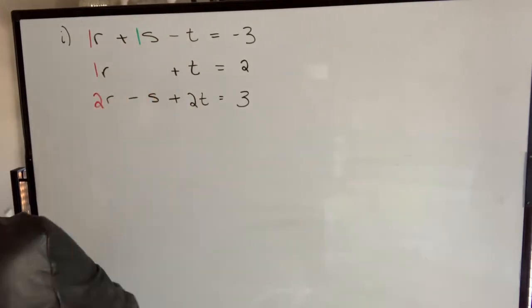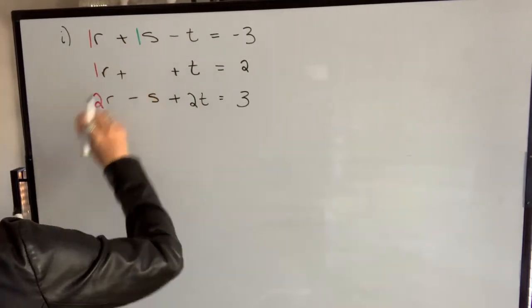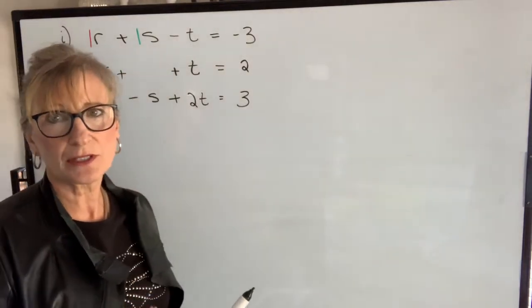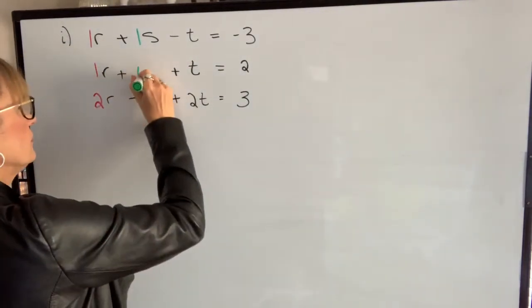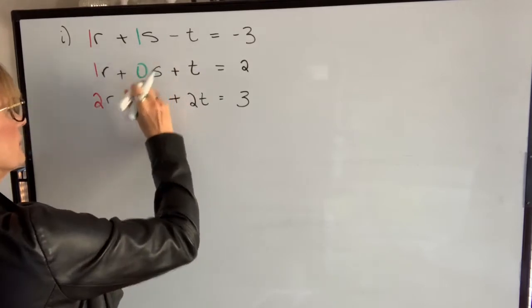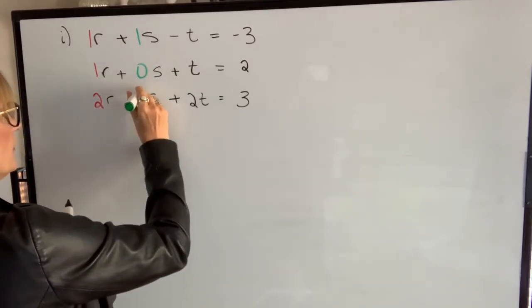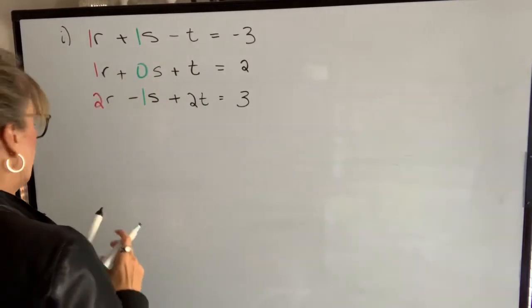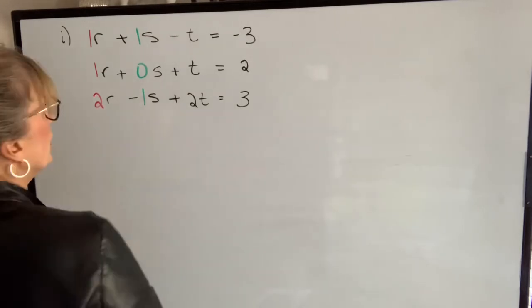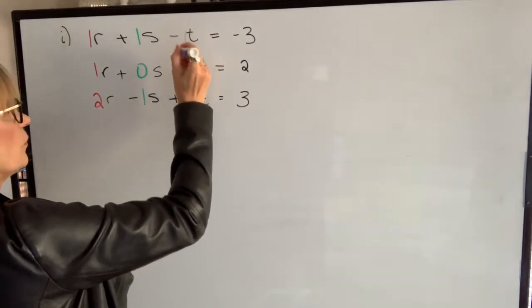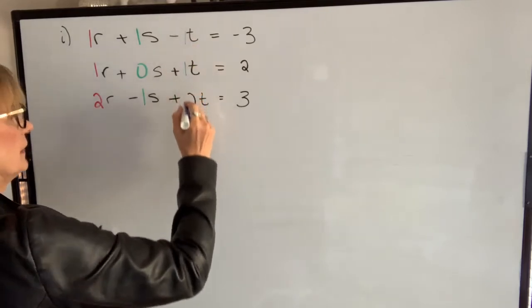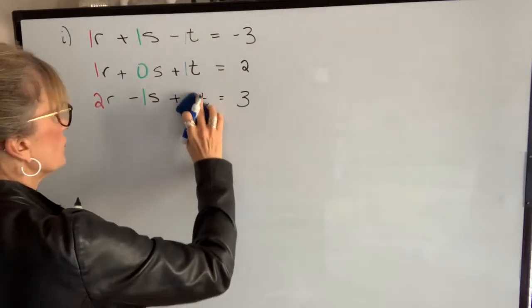I don't have any S terms here, but I need a number to put into my determinant, so the coefficient would be 0, S. And here I have no coefficient, so the coefficient is a 1. Then I'll use blue for my T coefficient, so it's just a 1, and this coefficient is a 2.